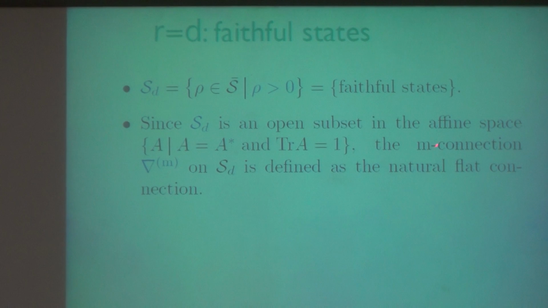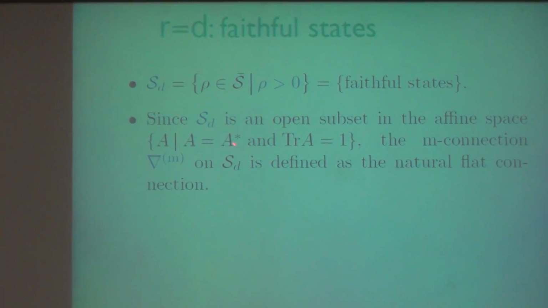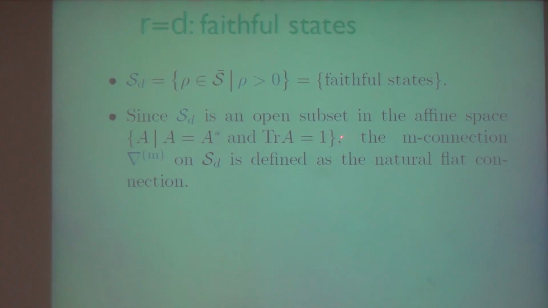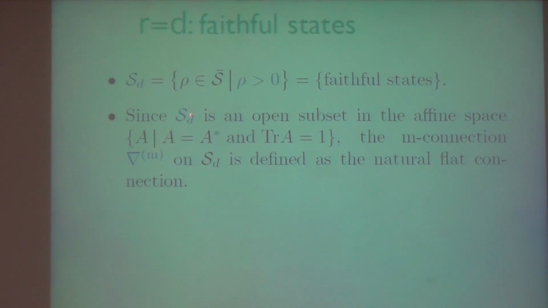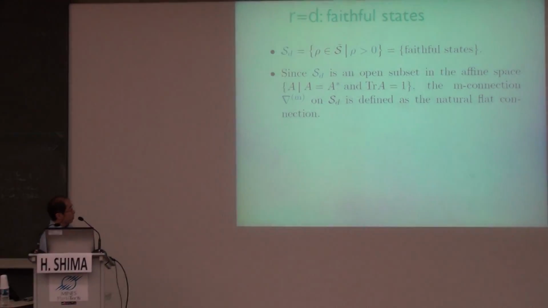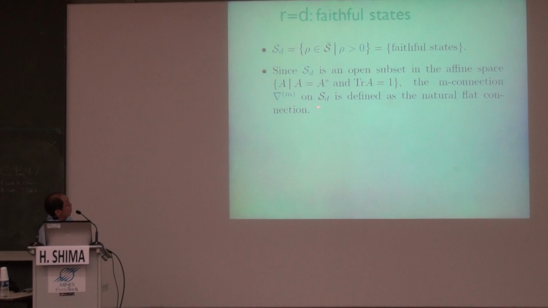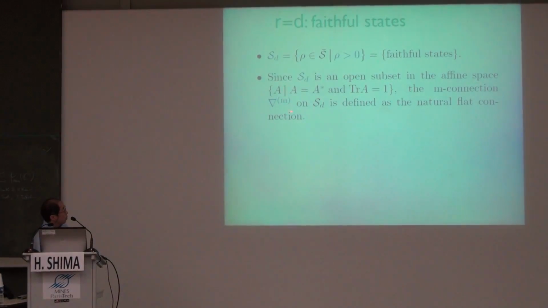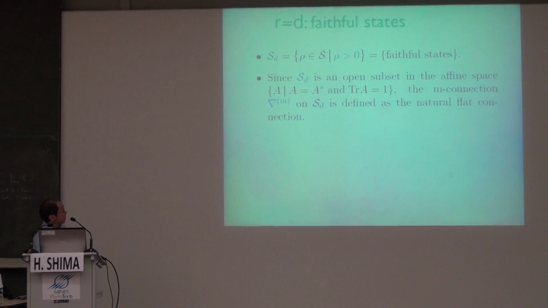This is an affine space, and an affine space has a canonical connection, which is induced on S_d. So we call this the m connection, following the classical one. Now we have the m connection, the mixture connection, on this space as the natural flat connection.